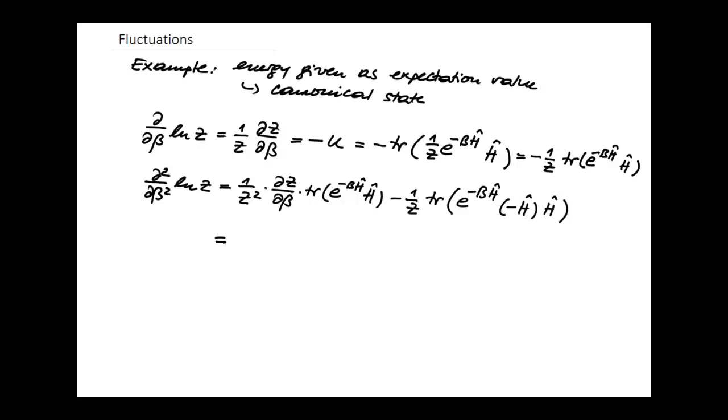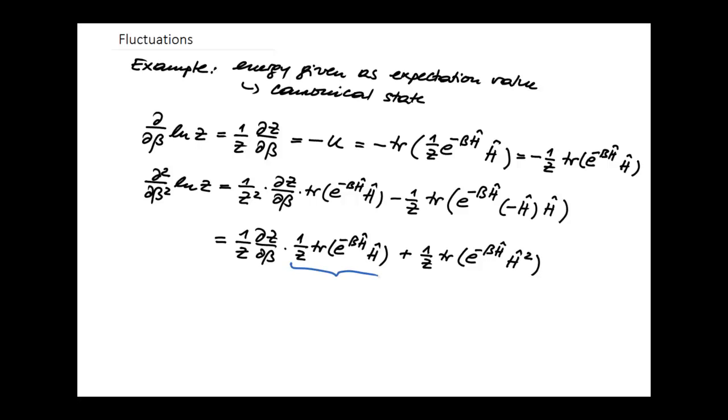The 1 over partition function squared, I'd like to separate into two factors: 1 over z, partial z over partial beta. And then here I have my second 1 over partition function, trace e to the minus beta H times Hamiltonian. In the second expression, we have two minus signs, they cancel, so in total we have a plus here, and then we have a 1 over partition function, trace e to the minus beta Hamiltonian, and then we have the Hamiltonian squared.